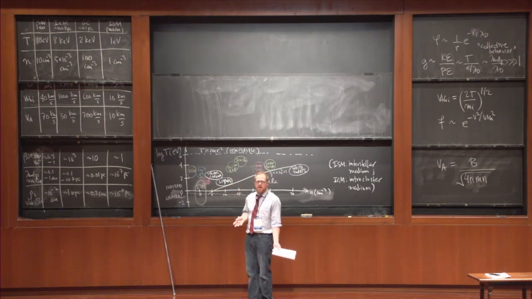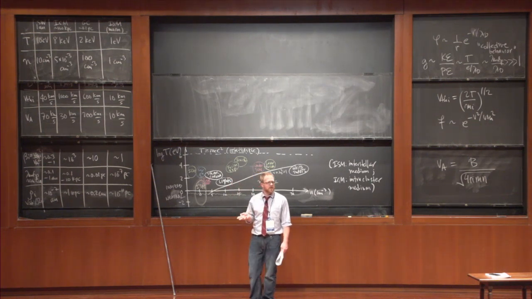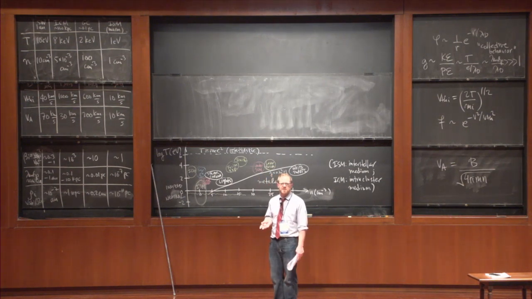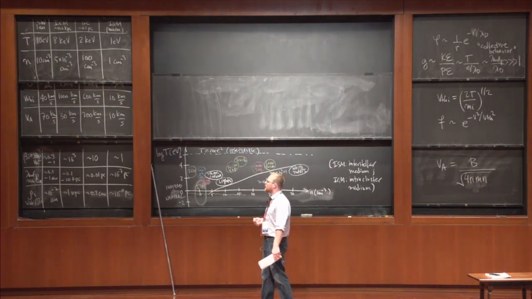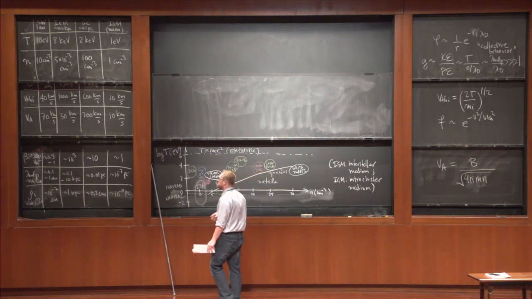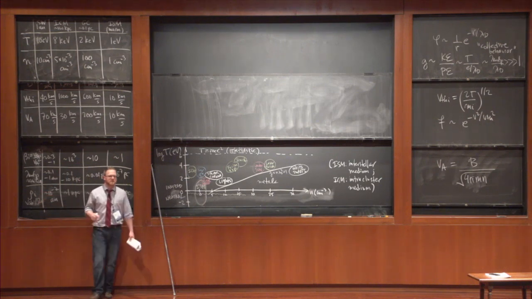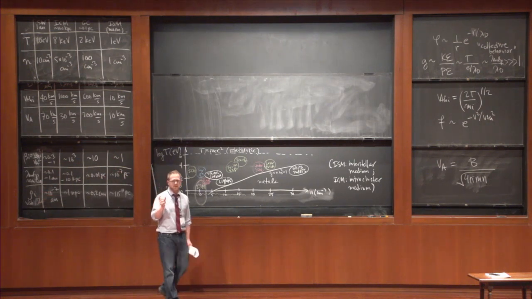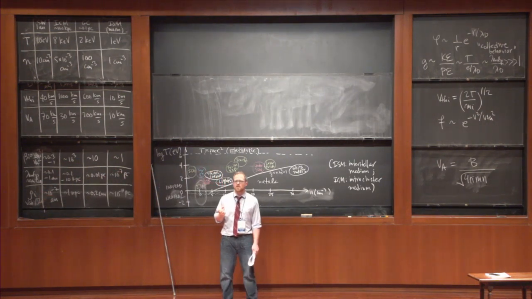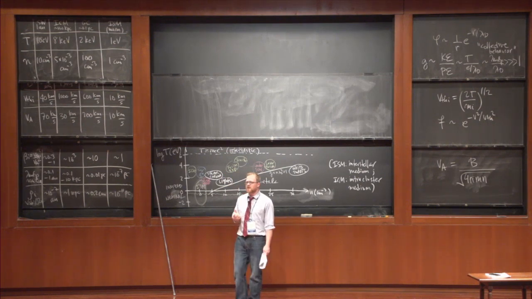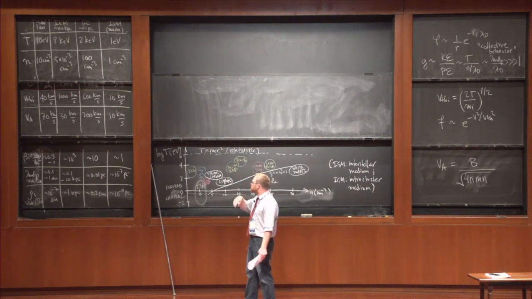When I say ion here, I really mean proton, but of course you can have a multi-species plasma, like the solar wind, which has a lot of minor ions with different masses. Here I just mean proton. So this is the Larmor scale. This is the size of a gyro orbit of a typical particle in a plasma characterized by some thermal speed.